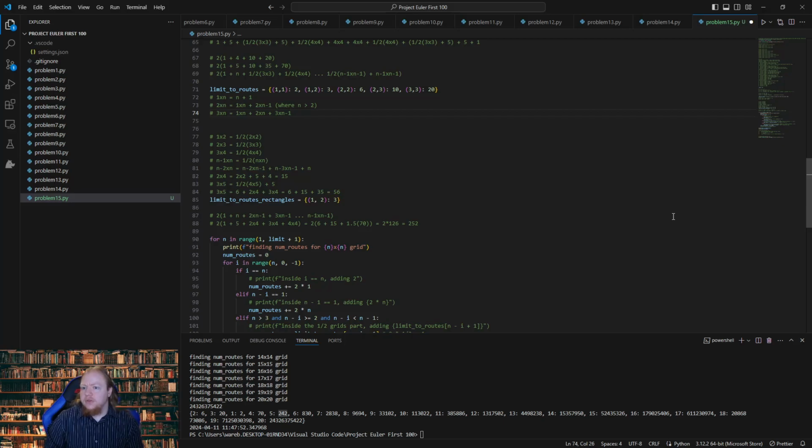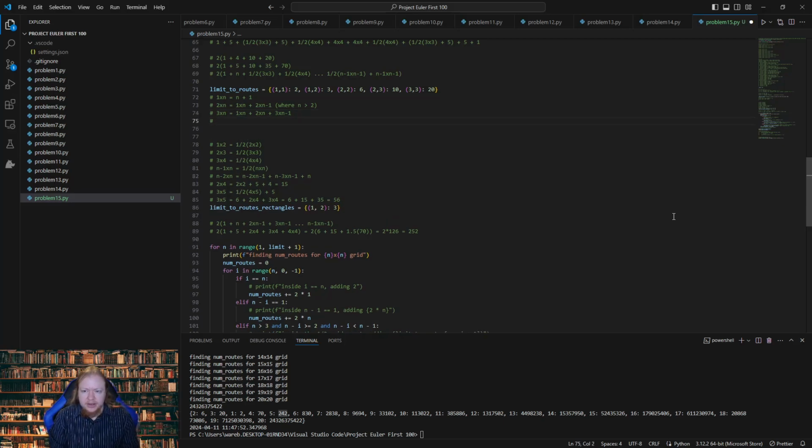And I think this is our pattern. I know I say that a lot, but I mean it this time. And again, this only works where n is greater than 3. 4 by n, where n is greater than 4, is going to be the same as a 1 by n plus a 2 by n plus a 3 by n plus a 4 by n minus 1.